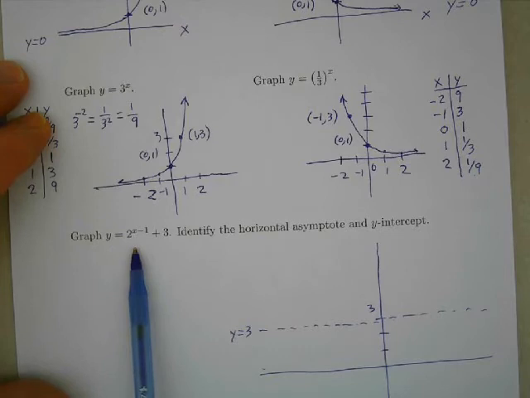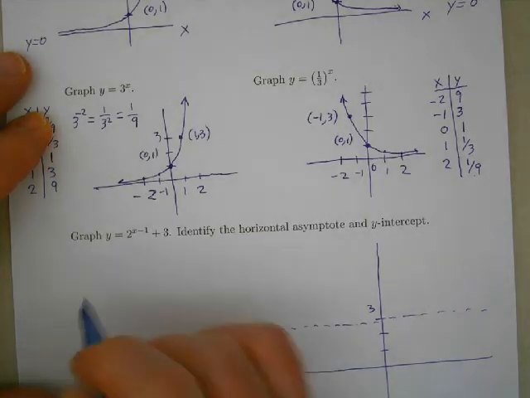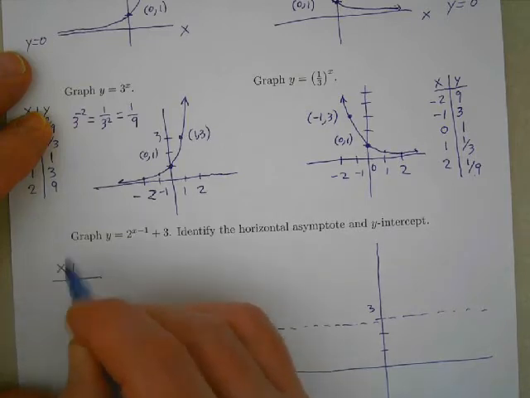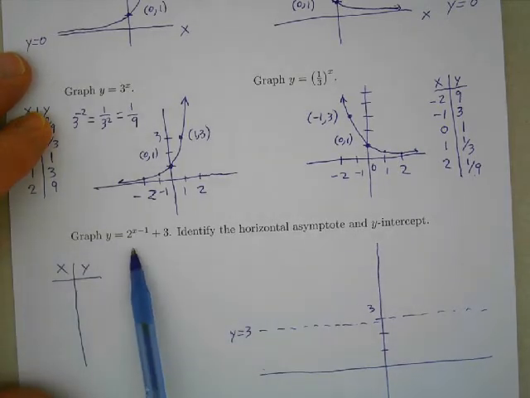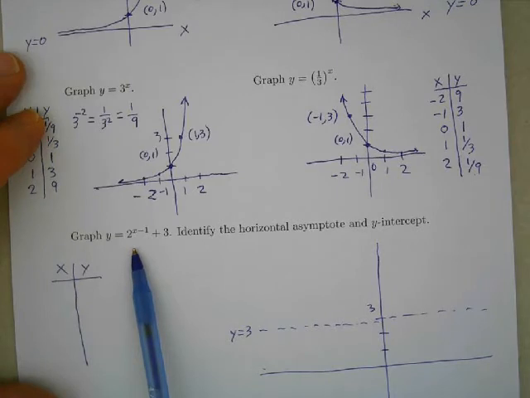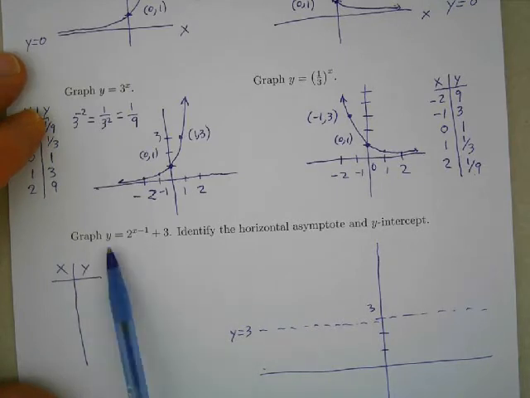But one strategy, besides just doing horizontal and vertical shifts, is just to plot a bunch of points until you know what the graph looks like. So why don't we do that? We'll strategically pick some x values, and then in the function replace x with those values, and then do the arithmetic to determine what the y values are.